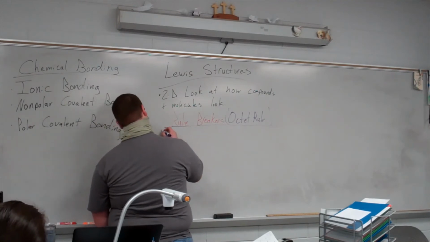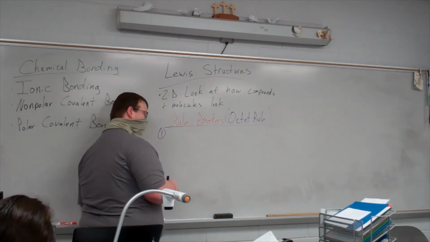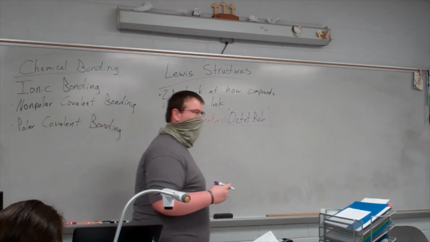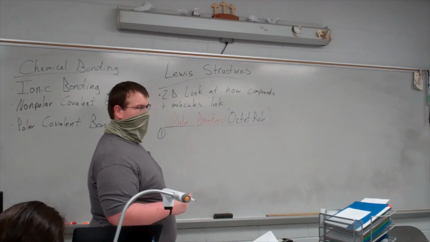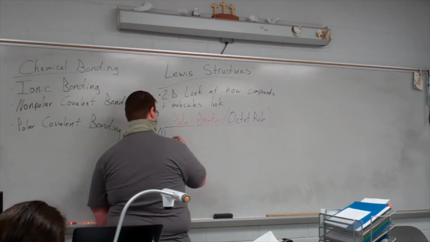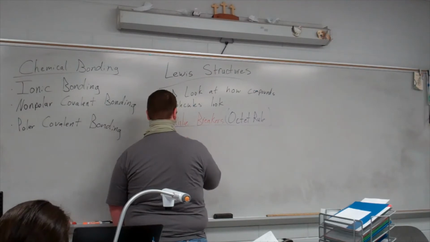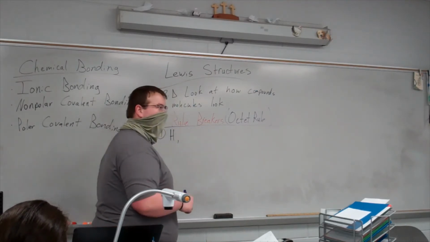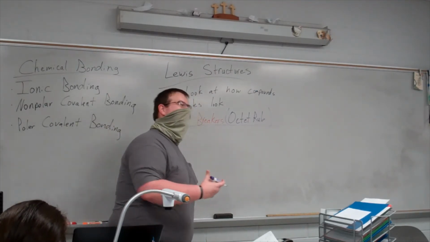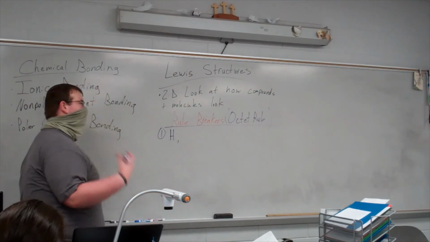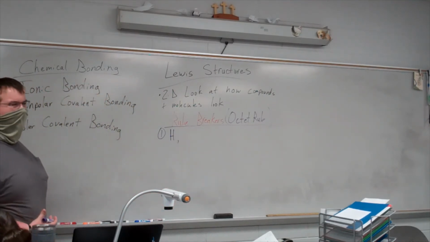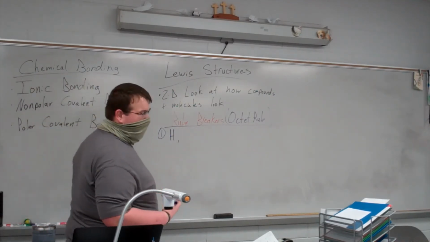The first one you must become familiar with and know is hydrogen. I know you're asking yourself, why is hydrogen a rule breaker when it comes to the octet rule? I asked myself that too.